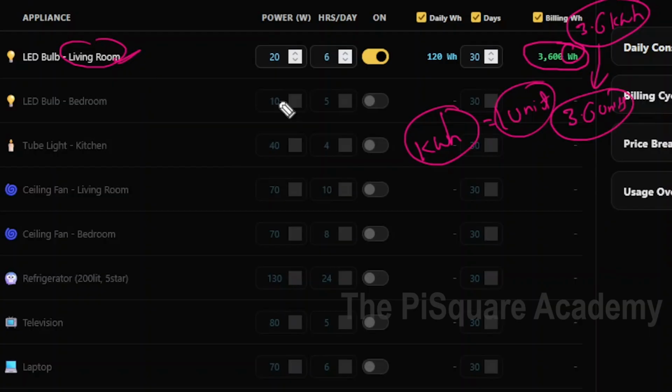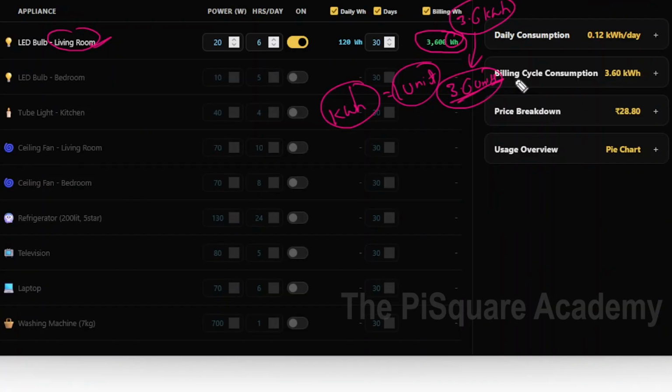Look at this, total billing cycle consumption is 3.6 kWh or 3.6 units. So per day I am using this, multiply with 30, you will get this value.